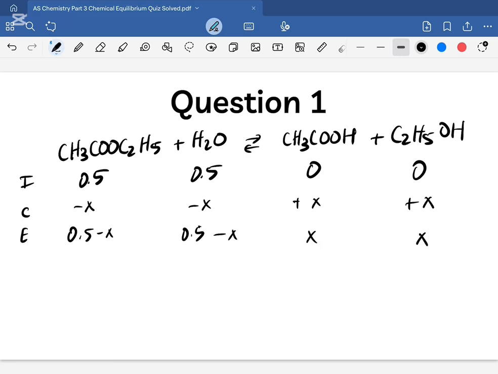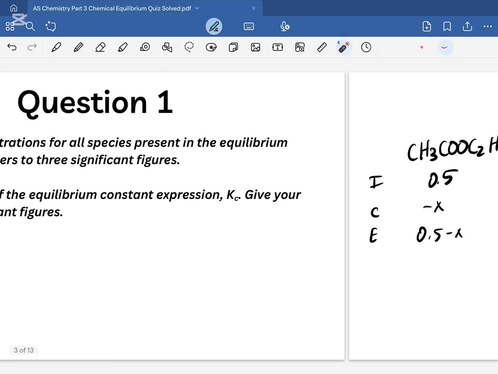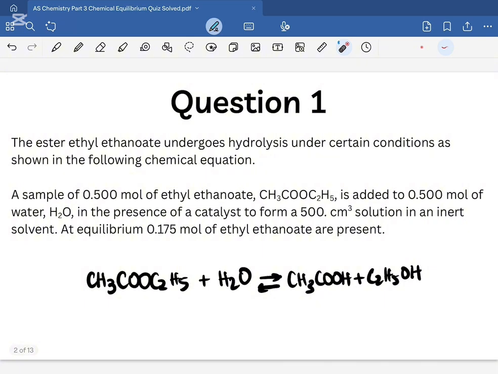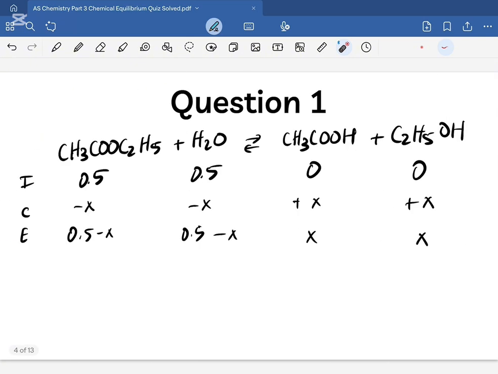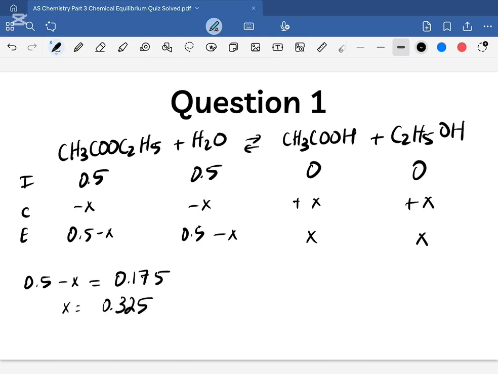Now they said that at equilibrium, we're going to have 0.175 of the ethyl ethanoate present. Therefore, 0.5 minus x for this one is going to be equal to 0.175 at equilibrium. Therefore, x is going to be equal to 0.325.